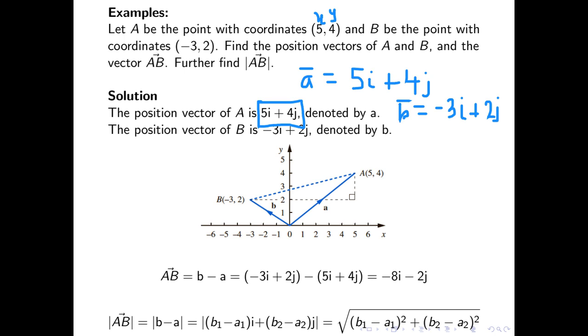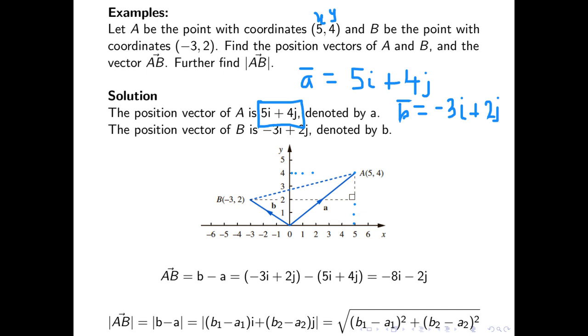While the second, that's 5, 4, and the y-coordinate is at position 4. So you can see it's 4, if you trace it, it's 4 up to this point and 5 downwards. All right. So that is it for A.